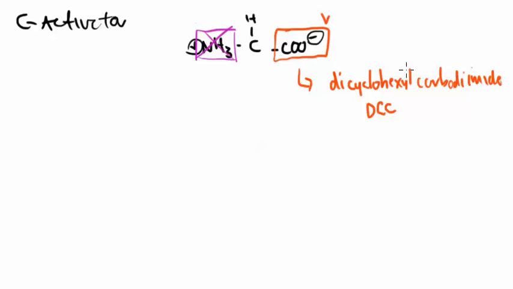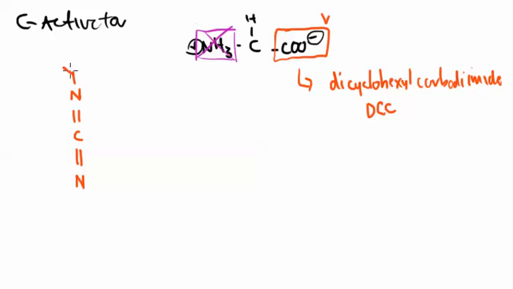Now, what would this structure look like? Well, that name is going to tell you what that structure looks like. We have a diimide. An imide, if you remember, is a carbon that's double bonded to a nitrogen. Well, I have two of those. So what this structure looks like, it starts off looking something like this. And then I've got dicyclohexyl.